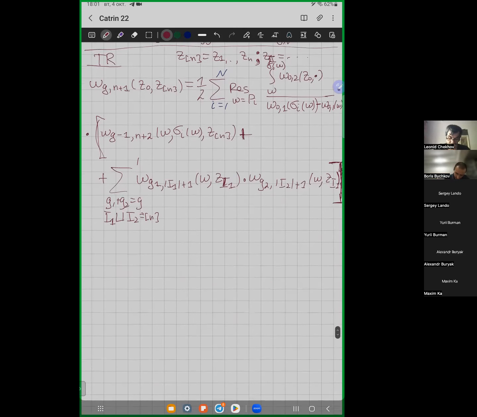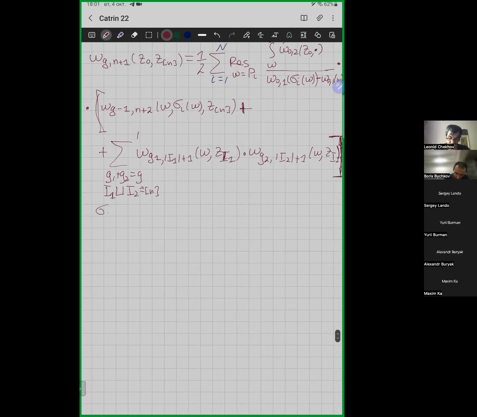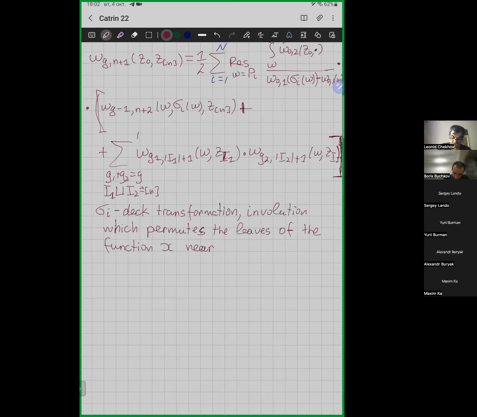So sigma I is a deck transformation, an involution, which permutes the leaves of the function x in the neighborhood of the point.